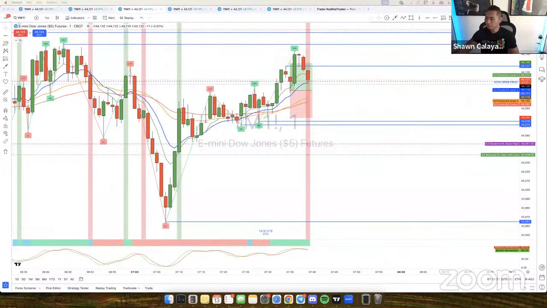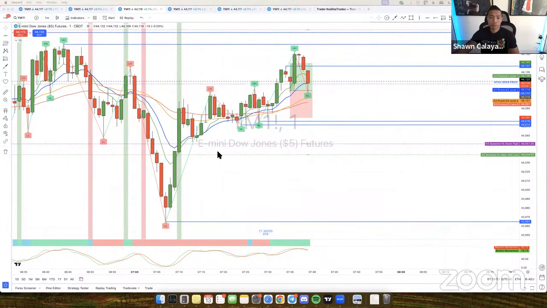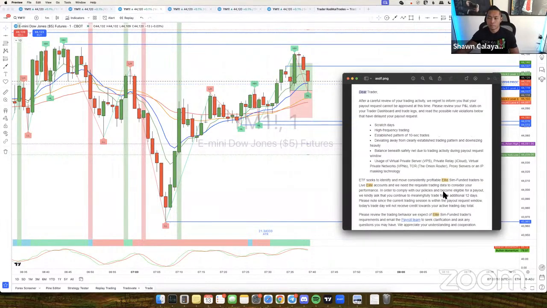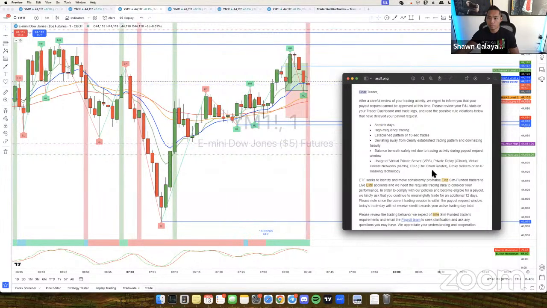This is the letter that they got. Let's see if I can pull that up. I don't know if it's just the rules or whatnot, but they didn't get paid out. This was the first time, and then they requested another one, and it still didn't go through.